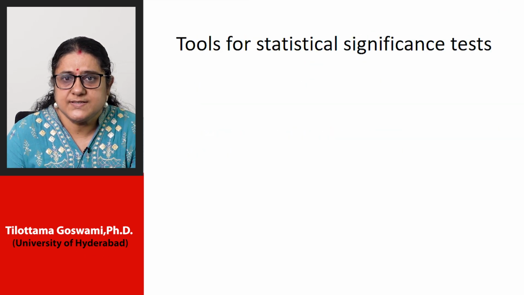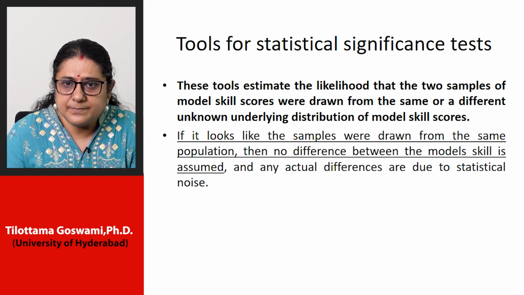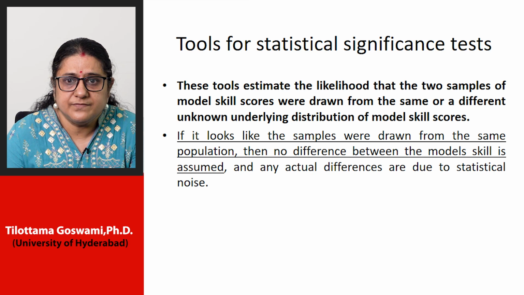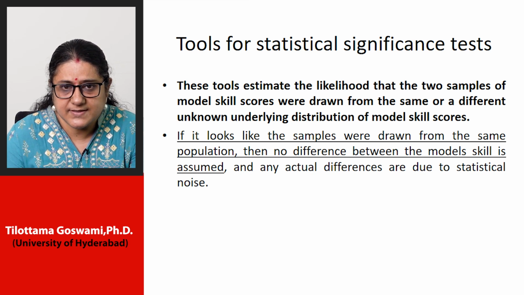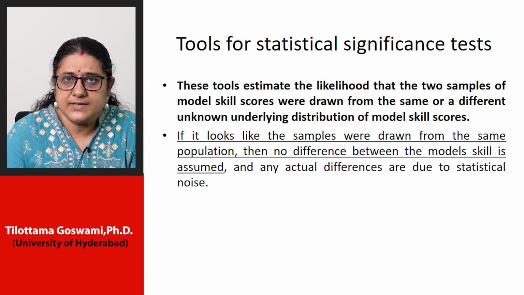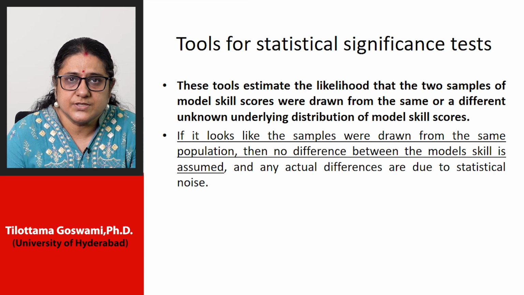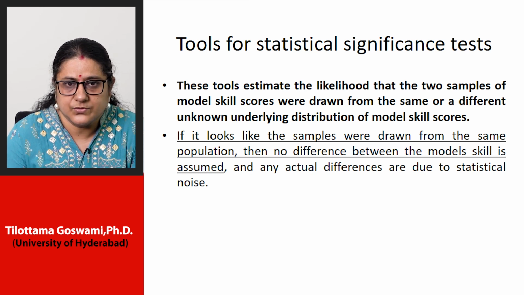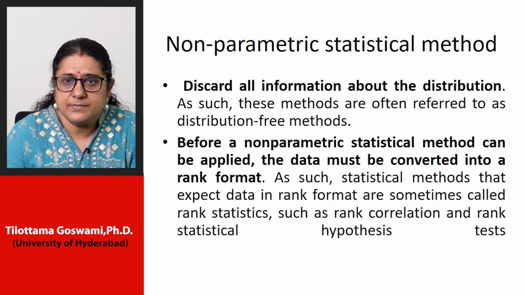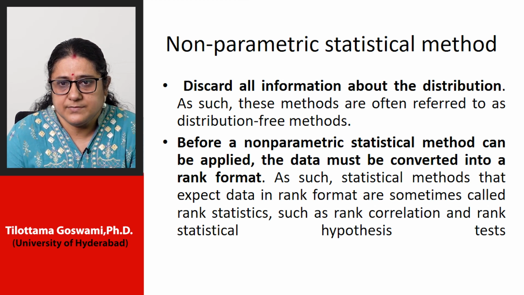Tools for statistical significance tests: if the samples are drawn from the same population and are similar, then no difference between the model skills is assumed. These tools will estimate the likelihood that the two samples are drawn from the same or different distributions of the model skill scores. How to handle a non-parametric statistical method? What are the non-parametric statistical methods?